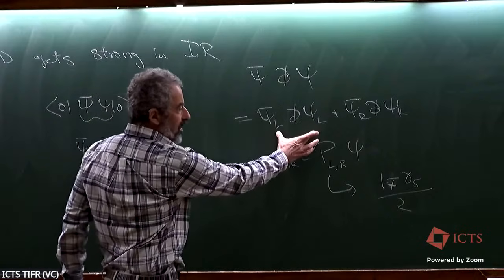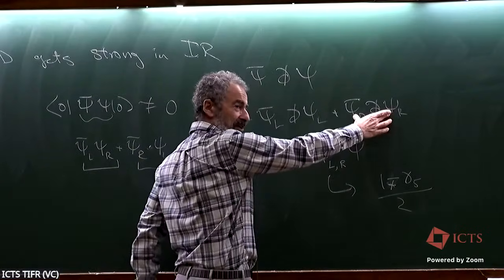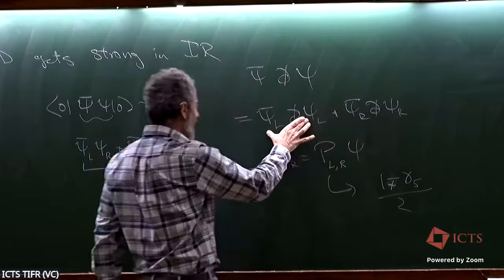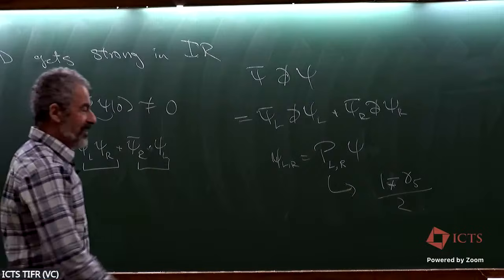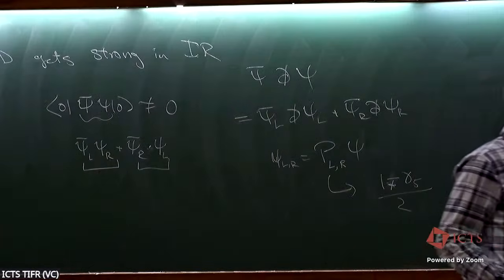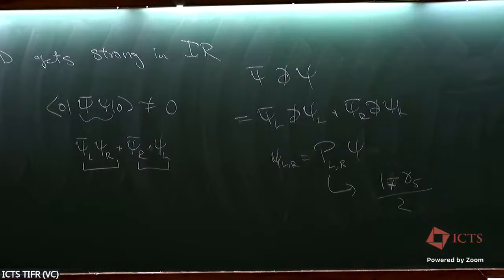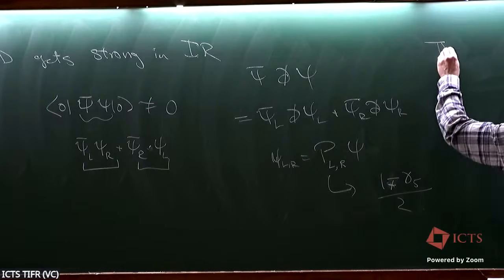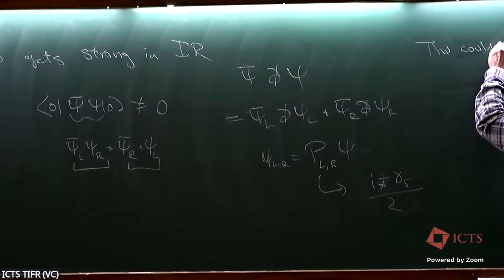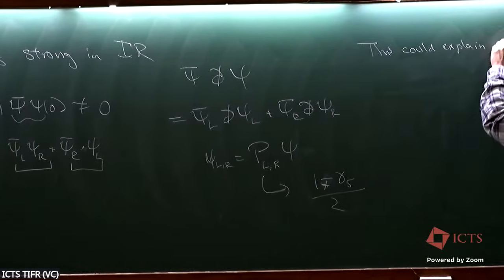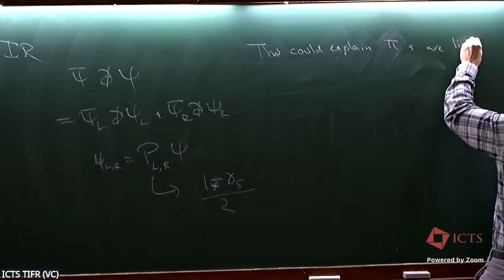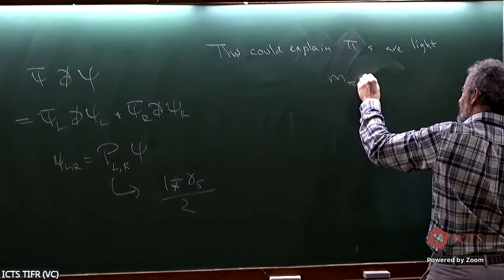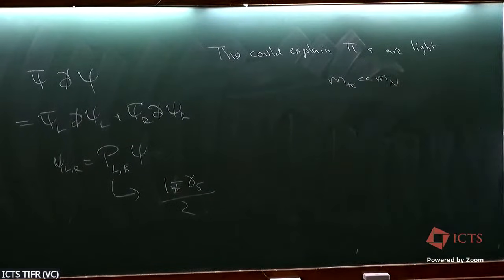Therefore, it's obvious in this form that this kinetic term has independent phase rotations for the left and the right, and that gets broken when you have a condensate which marries the two. And Nambu knew that when you break a global symmetry, you get light bosons. Therefore, he said, this could explain why the pions are light, namely M pi much less than M nucleon, which was a mystery.